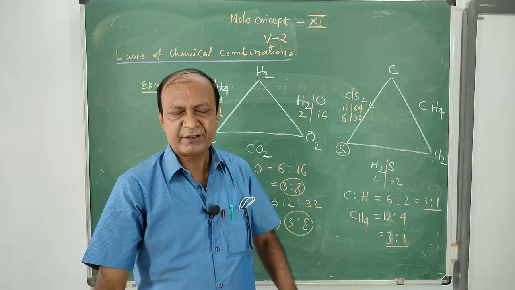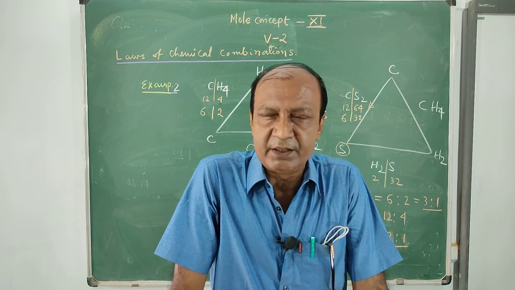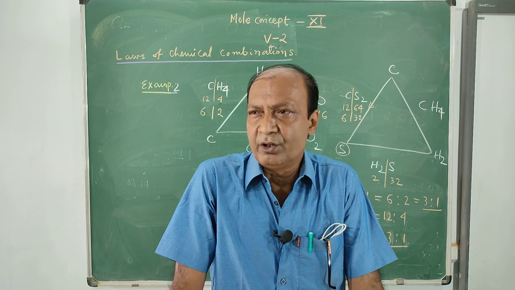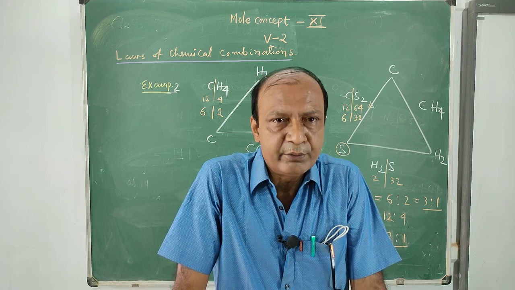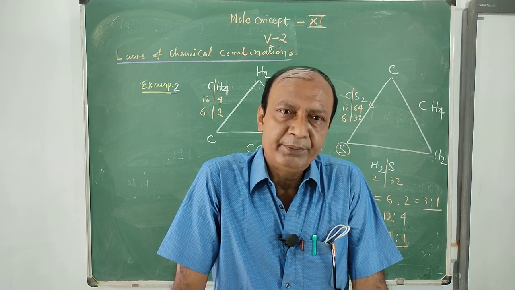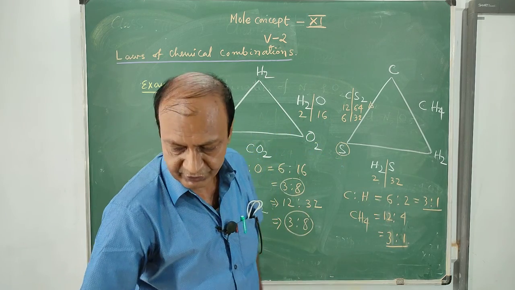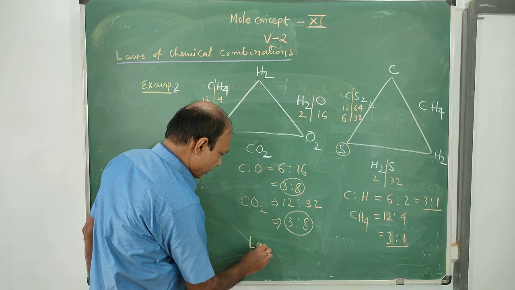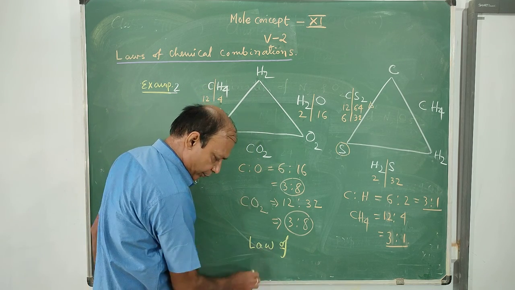So in most of the cases you will observe the ratios are equal, and in some cases you will observe the ratios are integral multiples of each other. This law is known as the law of reciprocal proportion. Law of reciprocal proportion.